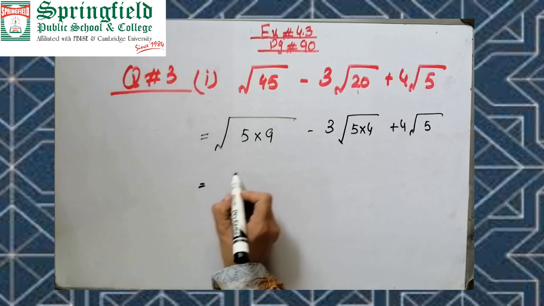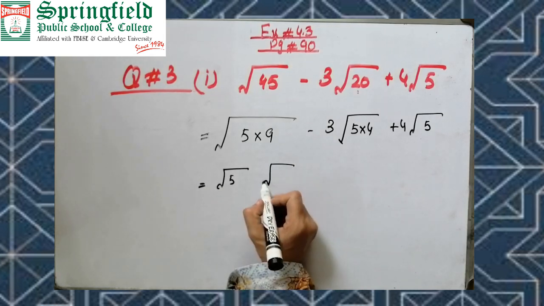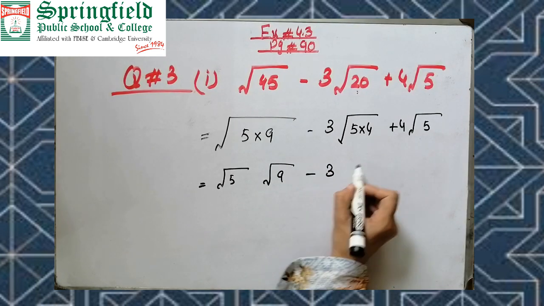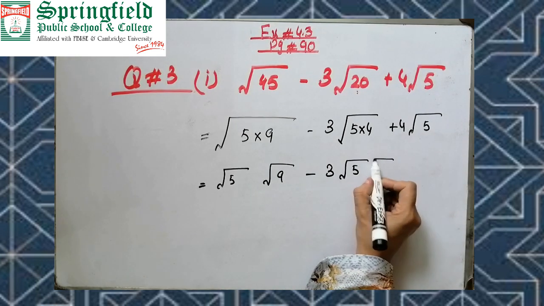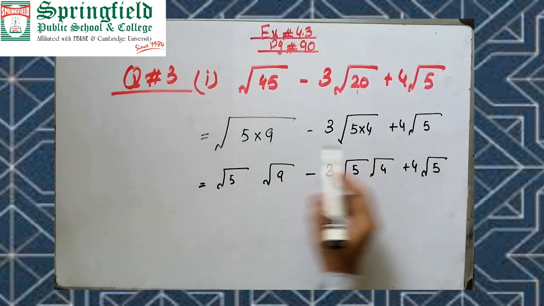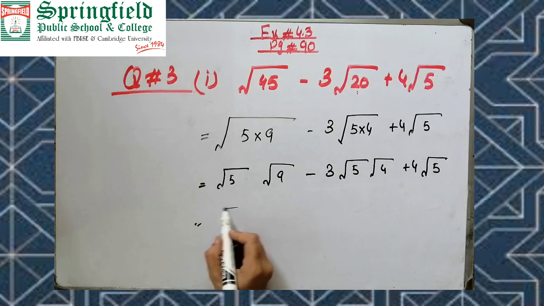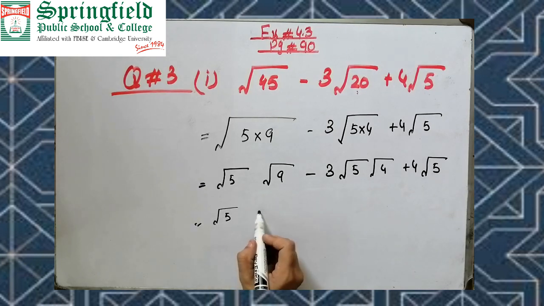Fine. So separate the squares: under root 5 under root 9 minus 3 under root 5 under root 4 plus 4 under root 5.